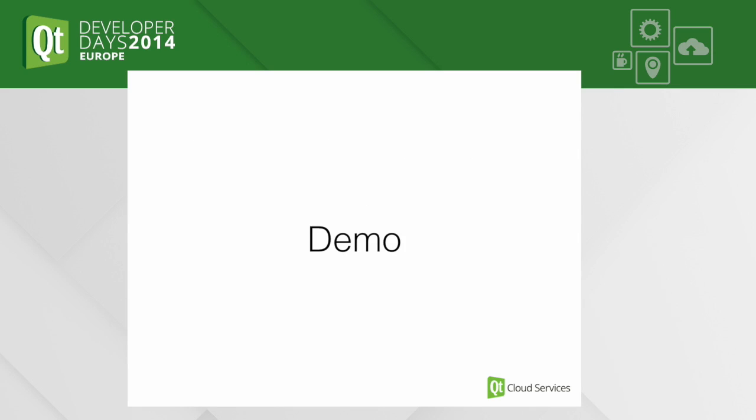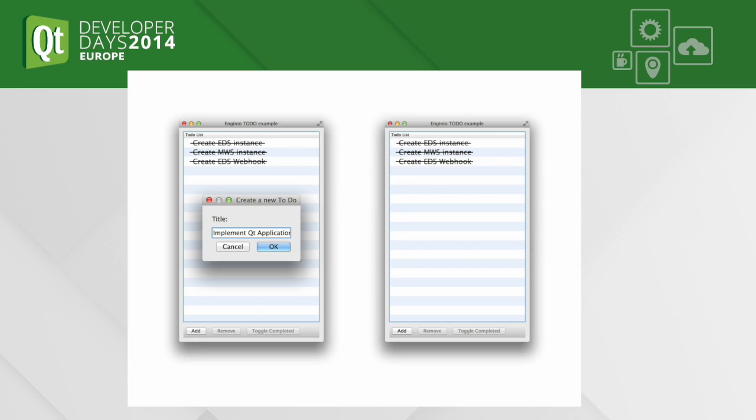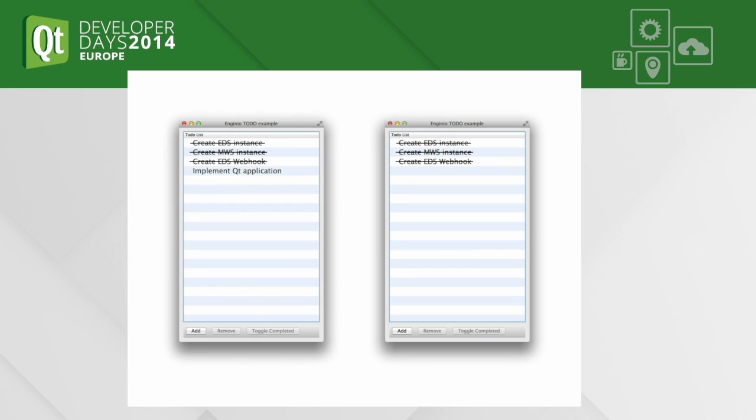And how does it look like? We have two clients. They are connected to the same backend. And in one client, we create a new to-do. It will be saved to Engineer, the webhook will be triggered, and both applications receive a WebSocket message. And then they refresh their user interface. When the to-do item is completed, again, it's saved to Engineer, and Engineer triggers a webhook, and we refresh our user interface.